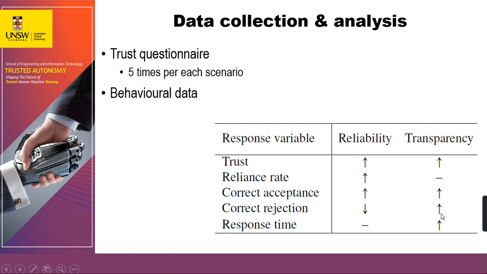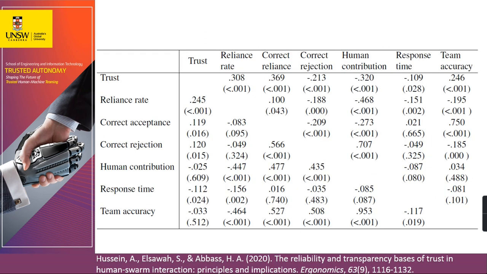That is, humans became better able to interact with the swarm by accepting its recommendations when the recommendations are correct and rejecting its recommendations when they weren't correct. This is a complete set of the results, which I invite you to inspect by reading the paper.